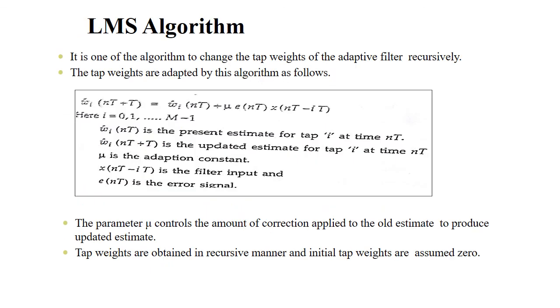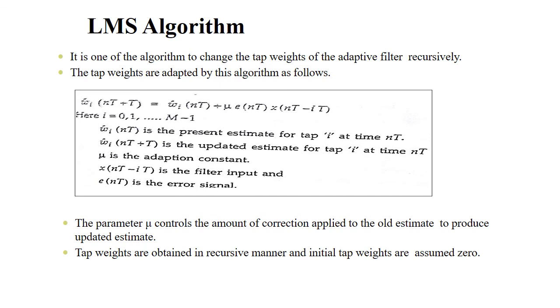The last one is the LMS algorithm. It is one of the algorithms used to change the tap weights of the adaptive filter recursively. The tap weights are adapted by this algorithm as follows: w_i hat of (nT plus T) is equal to w_i hat of nT plus mu e(nT) x(nT minus iT).